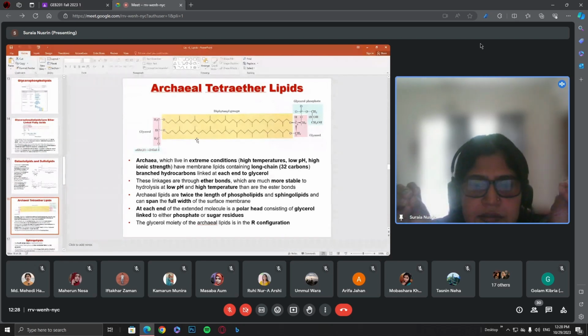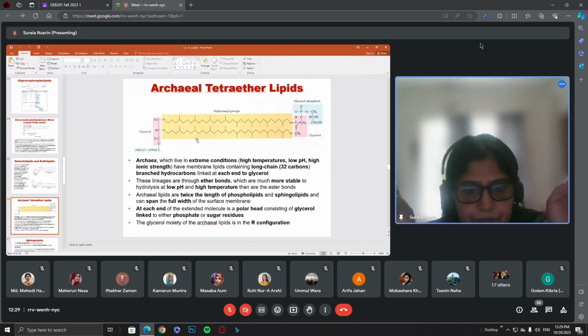So because of this, it is possible for the archaea to live in extreme conditions. And ester linkages are not stable in these extreme conditions. Is it clear why the archaea are able to live in extreme conditions? Because their membrane is made up of ether lipids rather than ester lipids. Clear? Yes, ma'am.